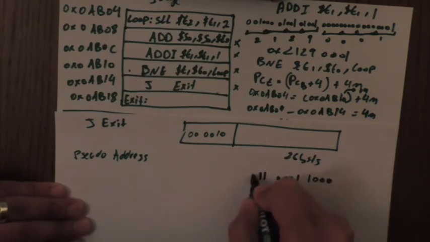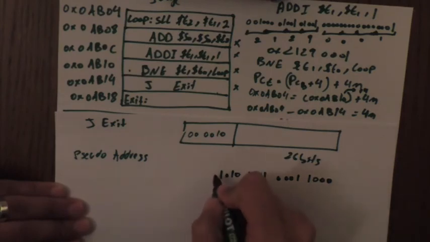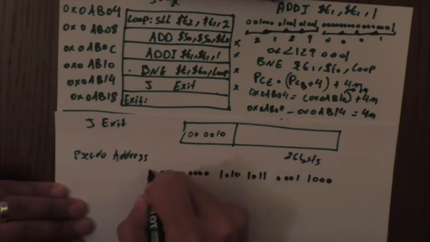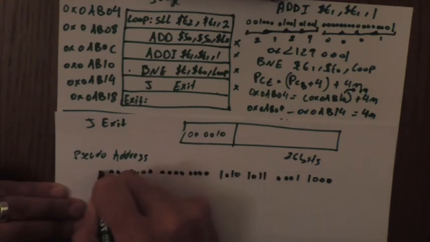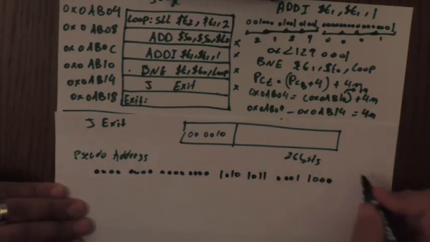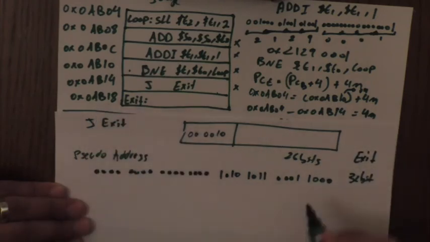And then we have B, and then A. So this is 16 bits. Now we have to do another 16 bits. So this is the 32-bit representation of exit address.